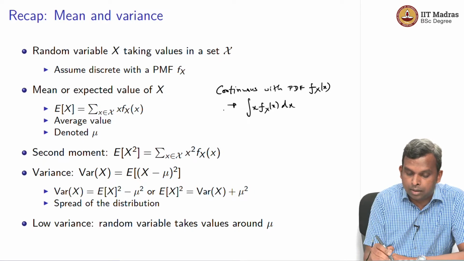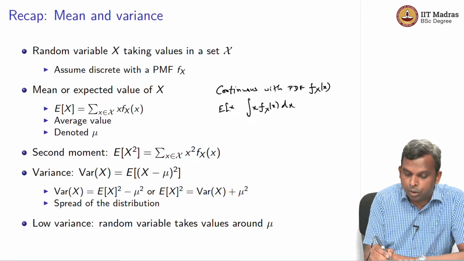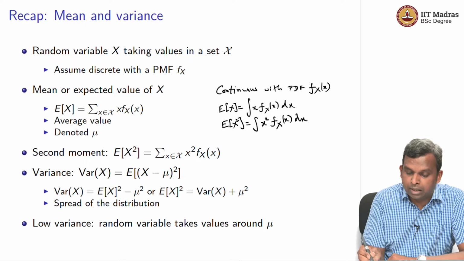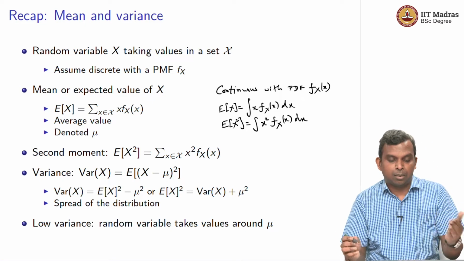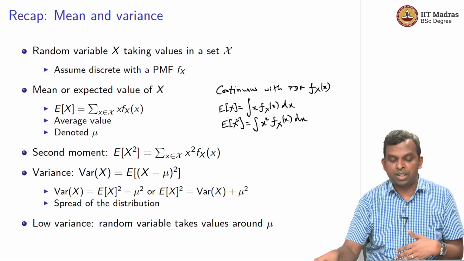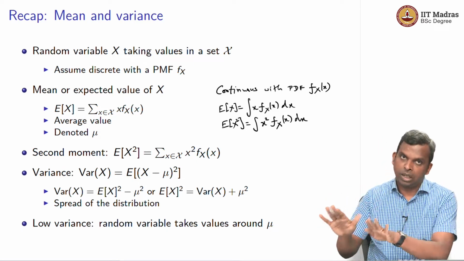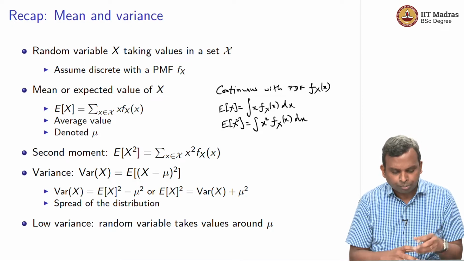Expected value of x becomes the integral of x f_X(x) dx, and expected value of x squared is going to be the integral of x squared f_X(x) dx, right? So the summation gets replaced by integration in the continuous case with the PDF. I'm simply writing the discrete case. You can imagine what the continuous case will be.